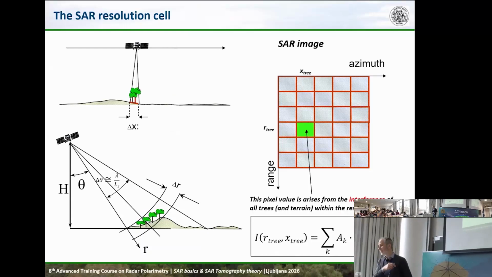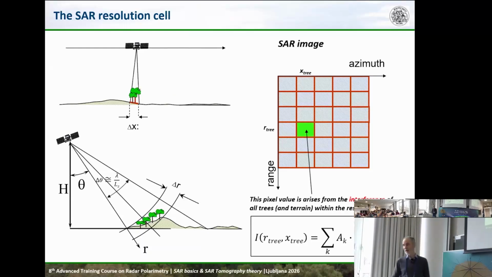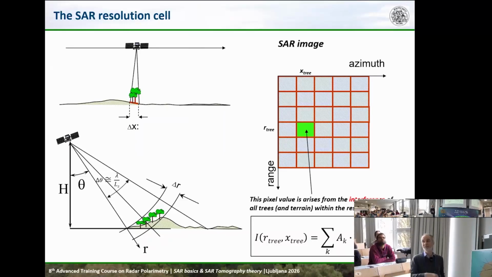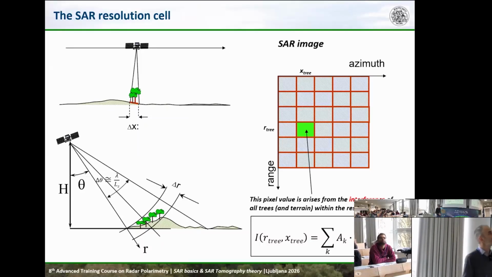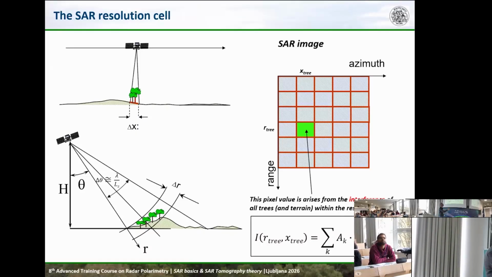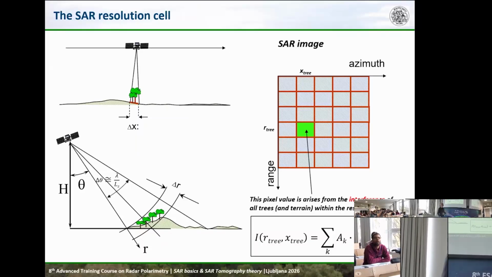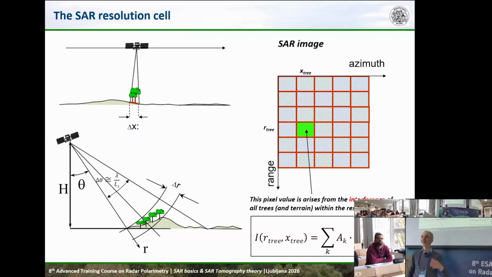We can have a different situation. Let's say that we have different trees in the same resolution cell, so they collapse in the same pixel. In this case, the value of this pixel doesn't result from a single target, but from different targets. We say in jargon that it is the result of the interference of different targets.